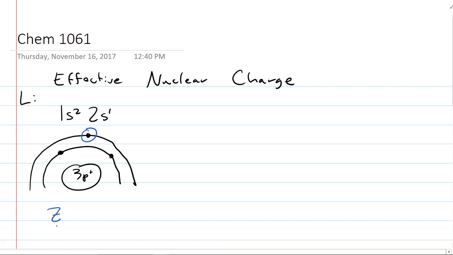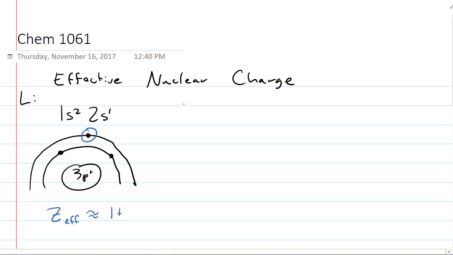Z represents the nuclear charge, and if we give it a subscript like this, this represents the effective nuclear charge. We would say in the case of lithium, we would approximate it to be about 1 plus. Because again, we have the 3 protons in effect being canceled out by 2 electrons.